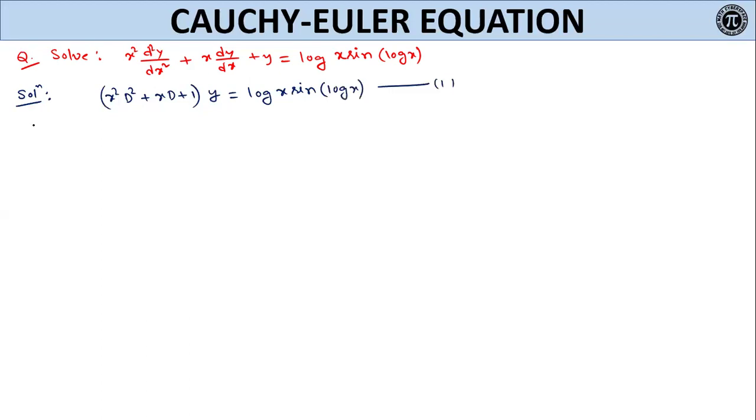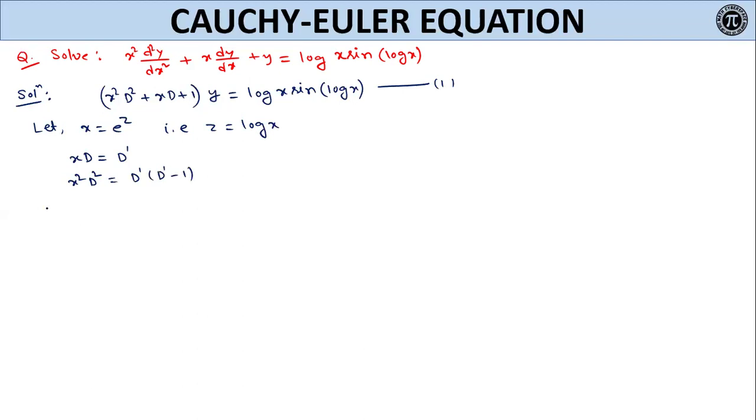Now we have to change the variable. So let x equals e to the power z, that is z equals log of x. Also x d we can write as d dash, and x square d2 equals d dash into d dash minus 1.